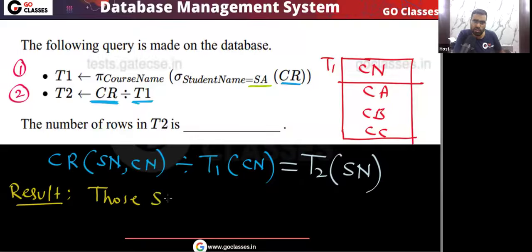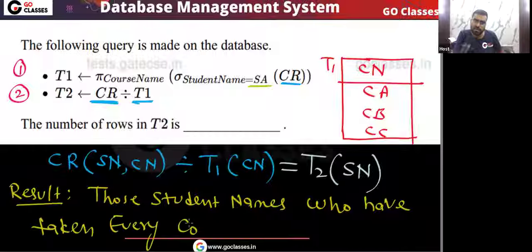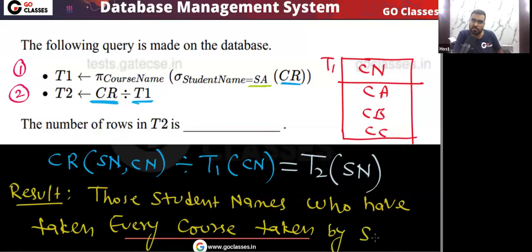So we will have those student names who have taken every course taken by SA. Do you agree with me? Please tell me, did you understand? This is the answer: those students who have taken every course taken by student SA. Clear? Let me know. Is this understood?